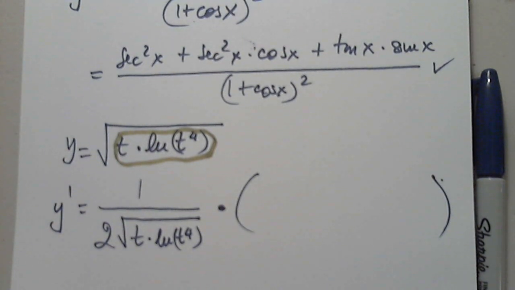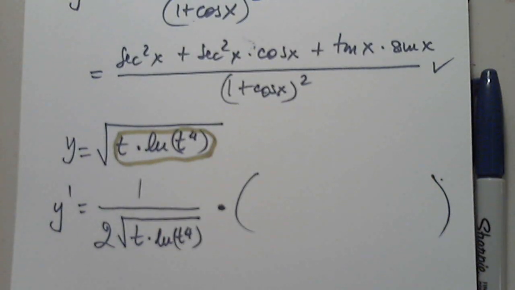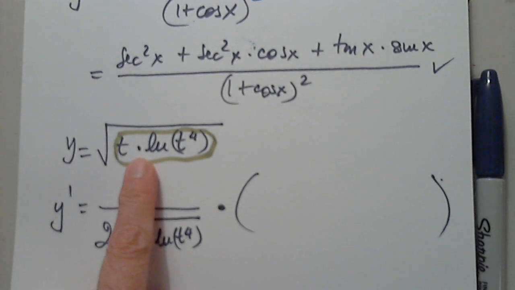Otherwise, we can't figure out what to write here. So which rule applies here? Here we apply the quotient rule. What do we apply here? Product rule. Yes. This is the product.